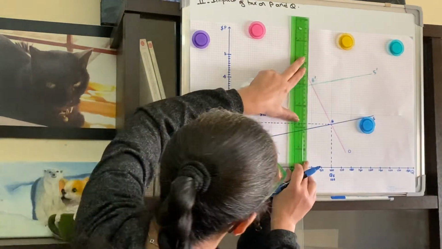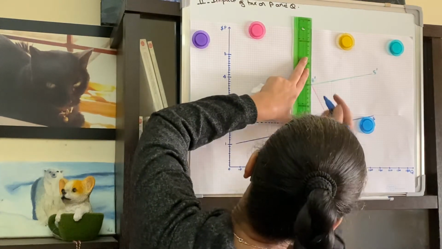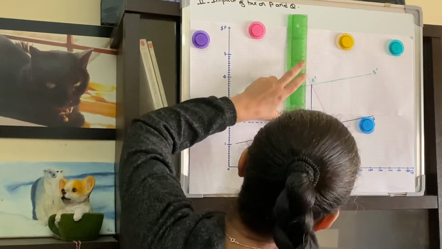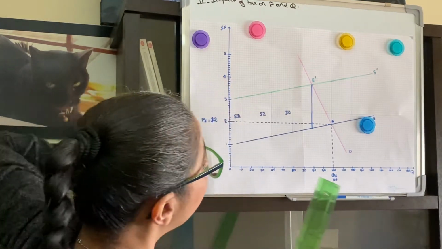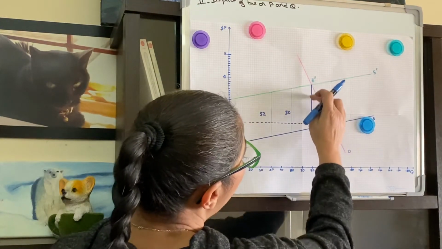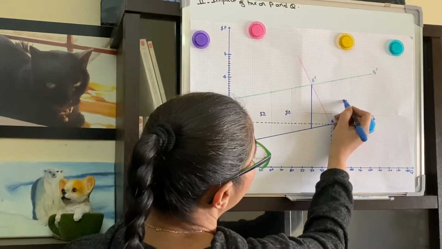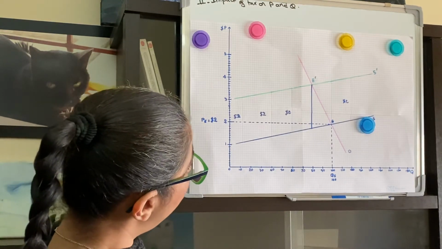Can you see? Vertically, I already did it with a smaller pen. Each square here is 10 cents for the price. So here I have $2 from here to here. You see, it's $2 everywhere.